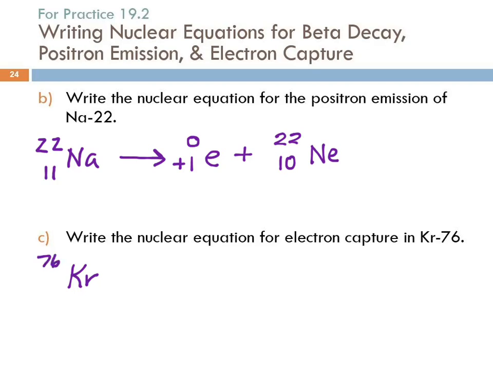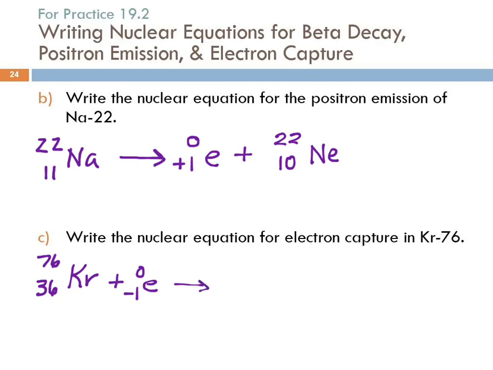Krypton-76. Atomic number of krypton is 36. Electron capture. All the other ones were emission, so the particle gets written as a product, but this is capture. The particle is a reactant. What is the reactant? It's an electron, right? So electron has a mass number of 0 and an atomic number of -1.